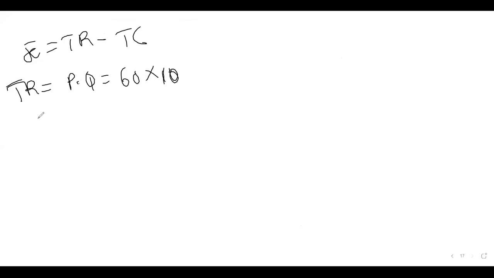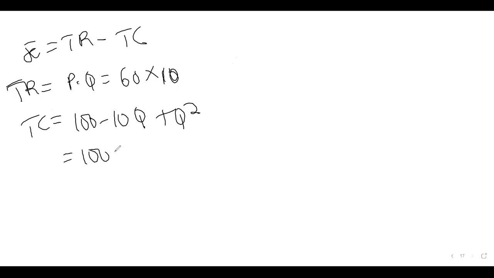Now, total cost means that we will put the quantity in the cost function. And the cost function was 100 minus 10K plus K squared, okay? So you get 100 minus 10, the quantity is 10, plus 10 squared. So 100 minus 10, okay?